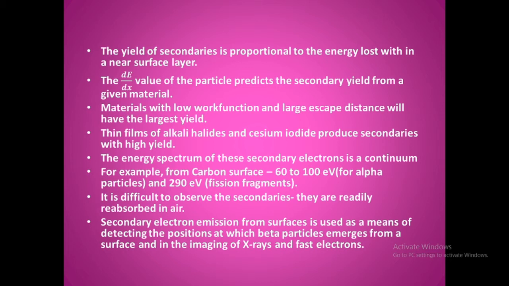Materials with low work function and large escape distance will produce maximum secondary electrons. For example, thin films of alkali halides and cesium iodide produce more secondary electrons.